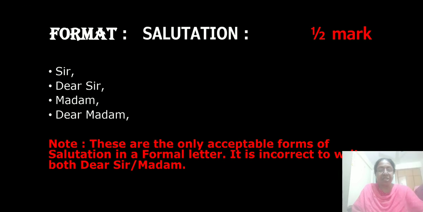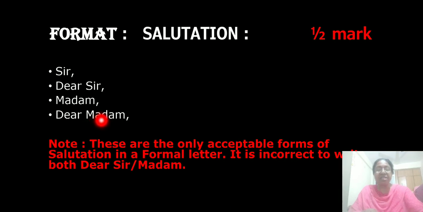So let's look at the components. Next component in the formal letter is the salutation, for which you are awarded half a mark. For every formal letter, there are only 2 ways to write the salutation: Dear sir, dear madam. In case of a male, you write dear sir. In case of a female, you write dear madam.